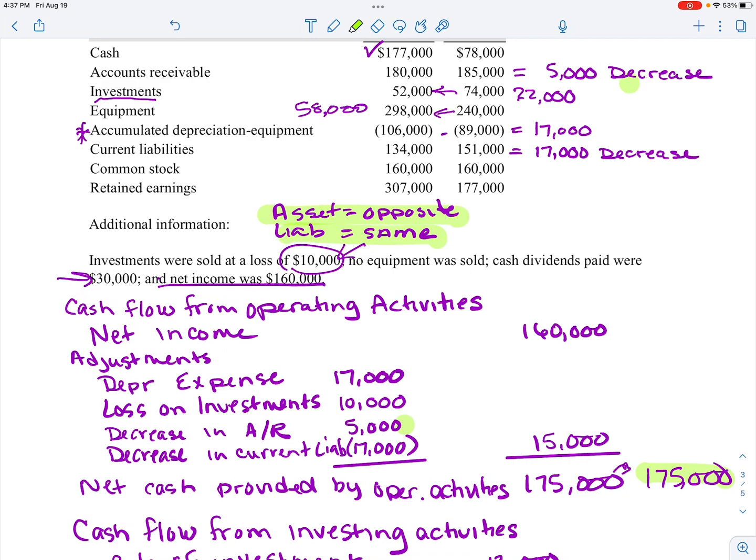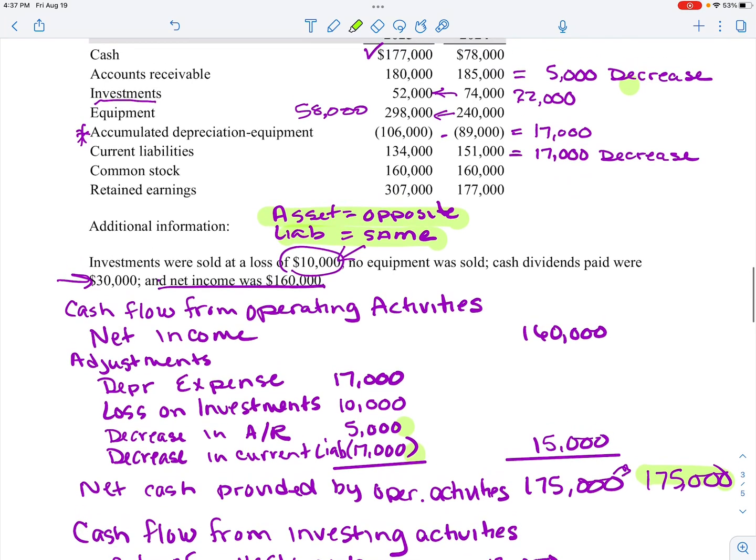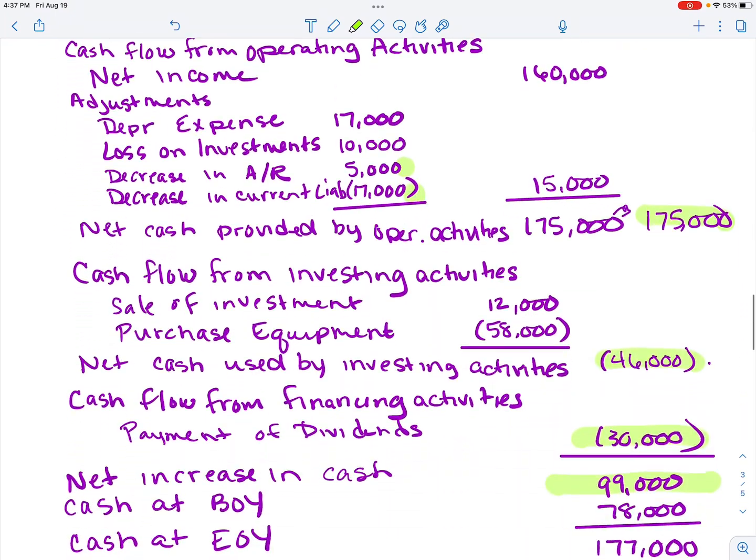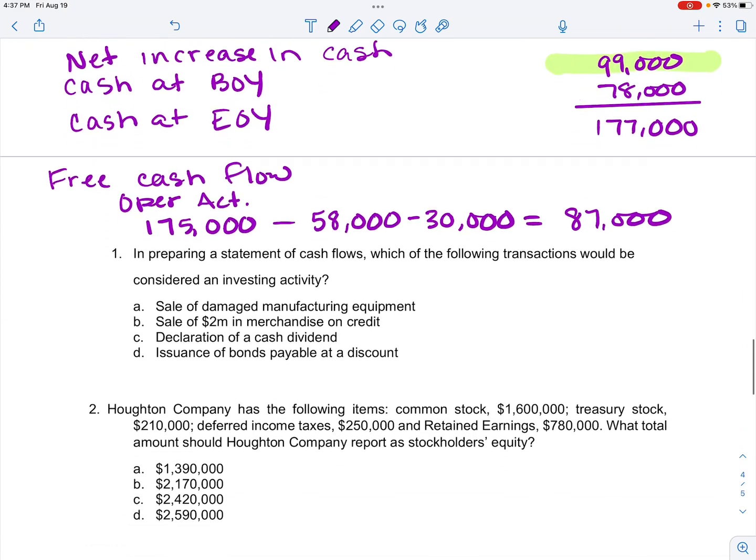Whereas a liability, you do the same. I had a decrease in liability here, so I'm going to subtract it there. That's like the biggest hint from that whole thing. And most people get this wrong just because they forget the provided versus used. So make sure you're grabbing the right one in the drop downs in the homework.